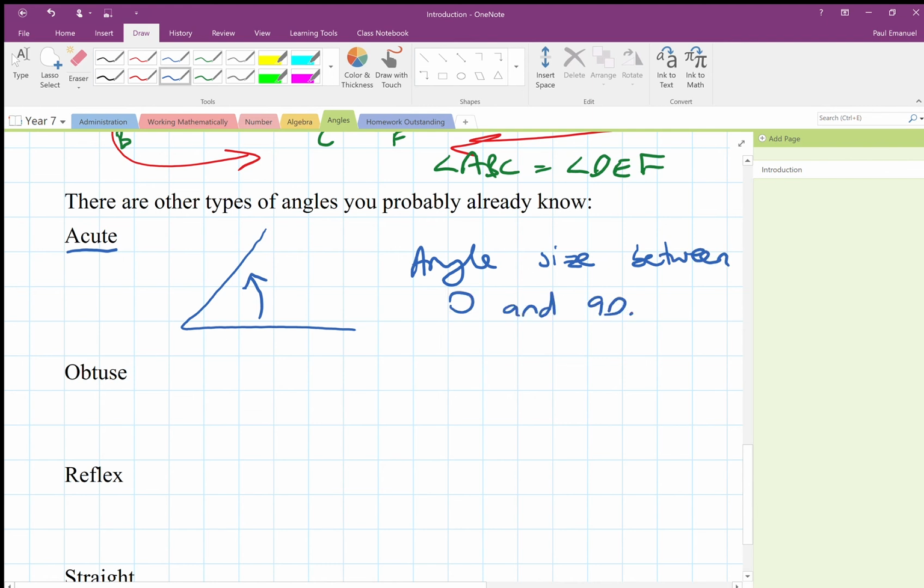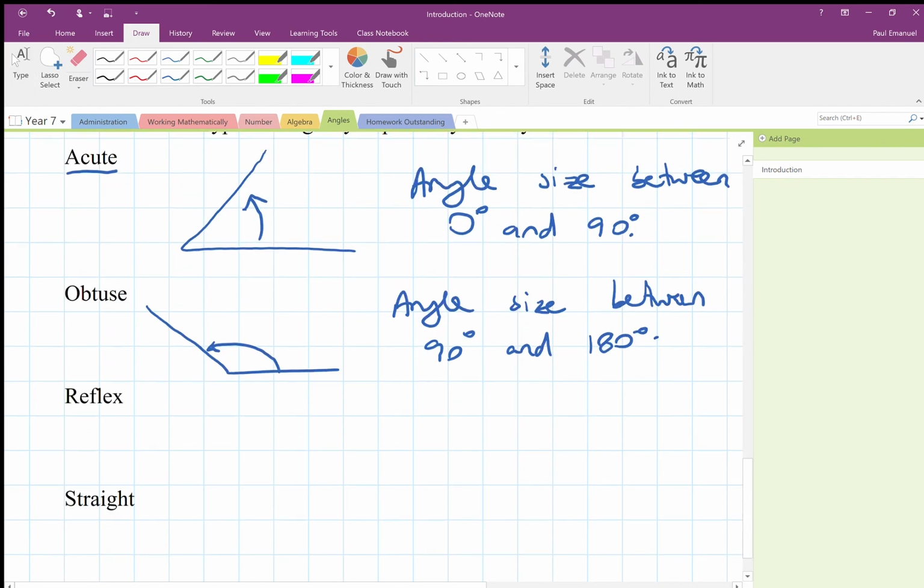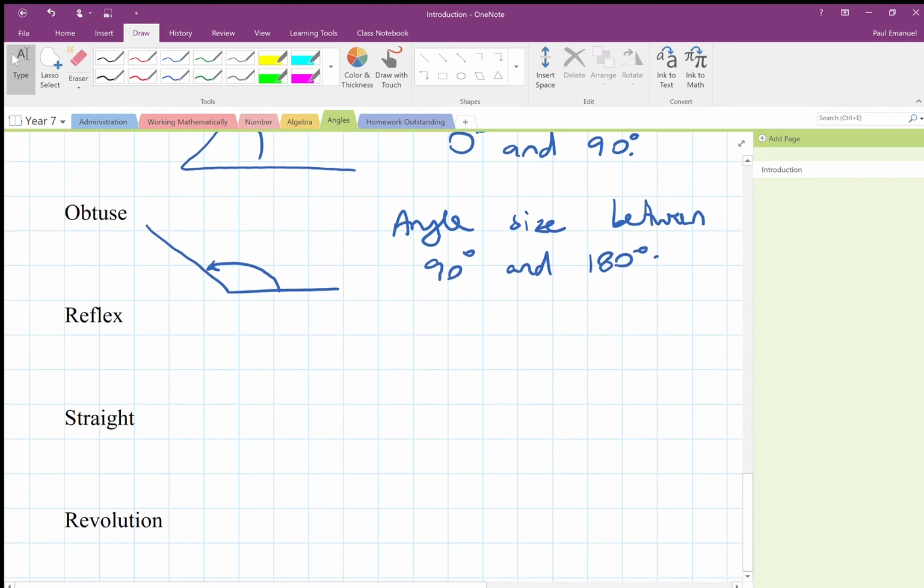It can't equal 0 because that's not an angle really, and it can't equal 90 because that's got its own special name, that's a right angle. Obtuse is the next one, and that's angle size between 90 degrees and 180 degrees. Again, it can't equal either of them, it must be between them.